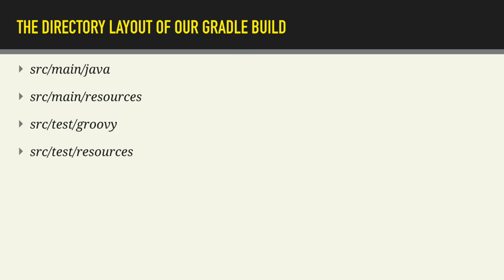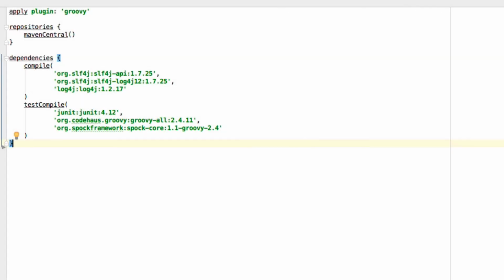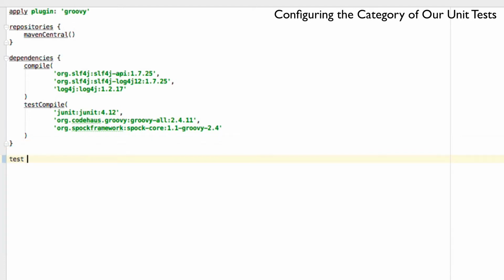Next, we will find out how we can ensure that Gradle runs only the tests which belong to the unit test category. When we want to configure the category of the invoked unit tests, we have to make these changes to the configuration of the test task. 1. Enable JUnit support. Even though JUnit is enabled by default, we have to do this because we want to make changes to the JUnit configuration. 2.